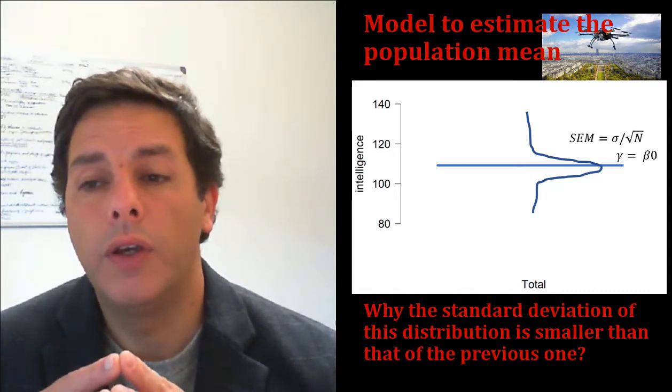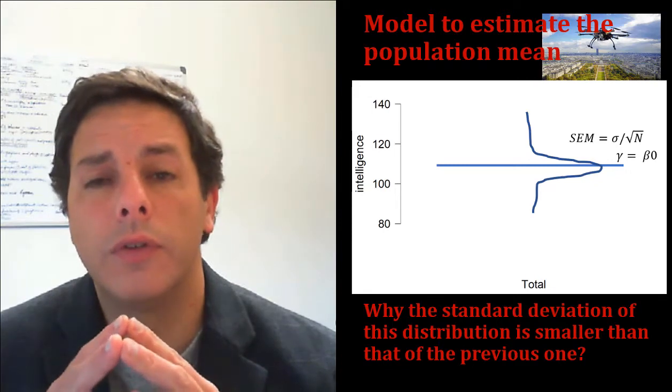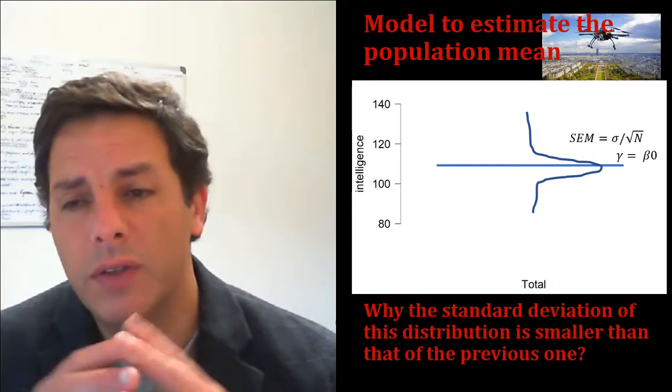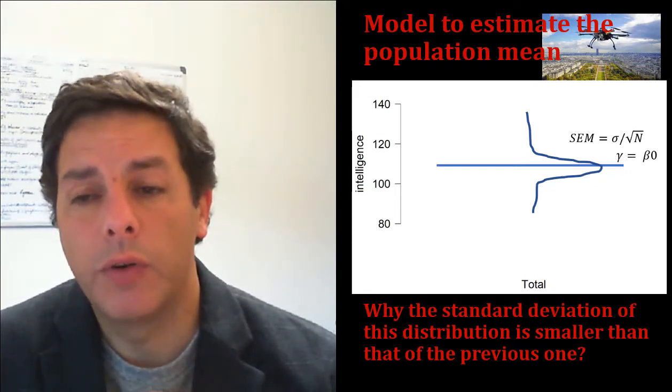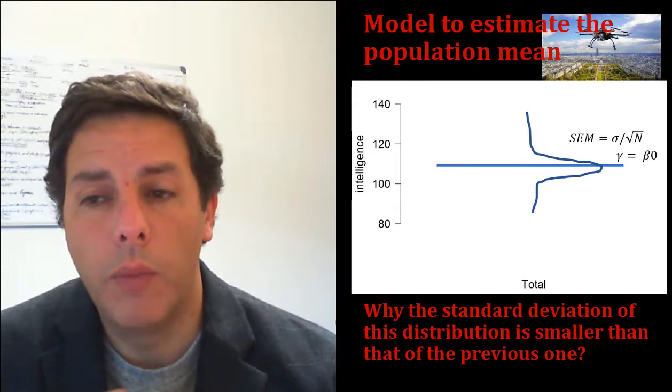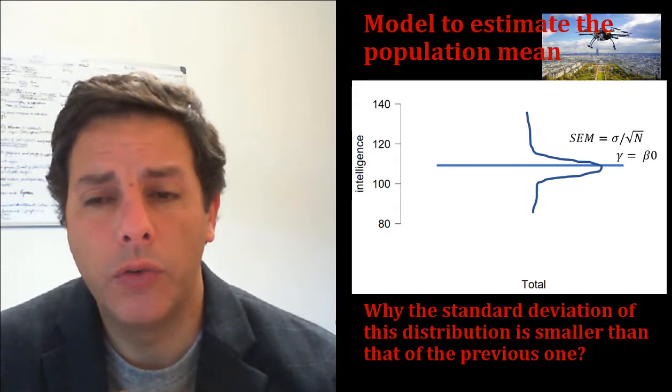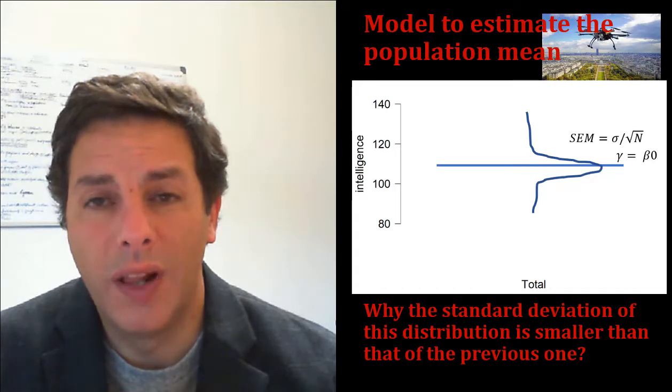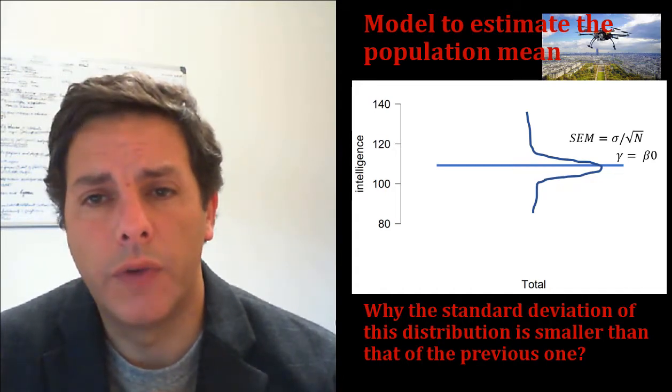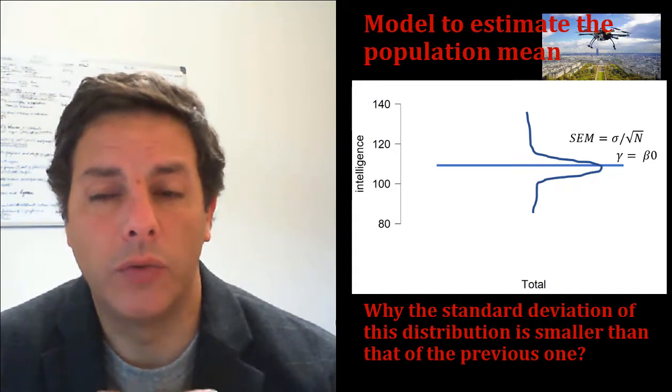Then we obtain samples. Let's start with one sample randomly from those values. How many values do I take in the sample? Well, the same number of values that I obtain in my own sample.